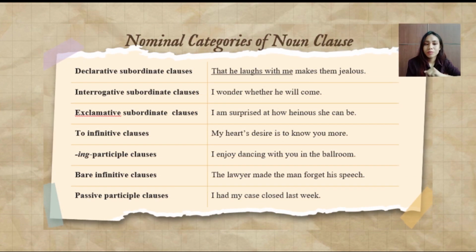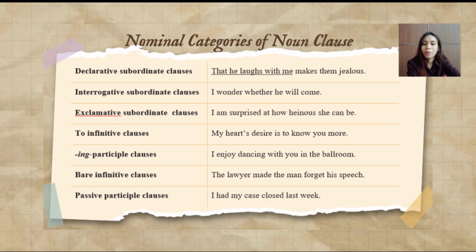Next one is the nominal categories of the noun clause. So there are 7 nominal categories of noun clause. The first one, declarative subordinate clause, usually known as a normal sentence or just a simple sentence. This is the example: that he laughs with me makes them jealous. Next one, interrogative subordinate clauses. I wonder whether he will come.